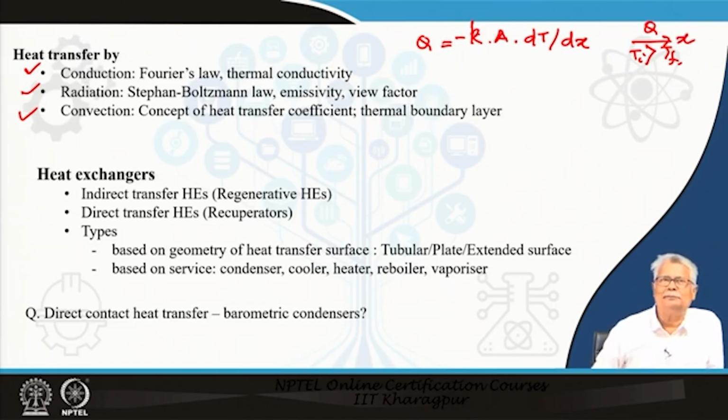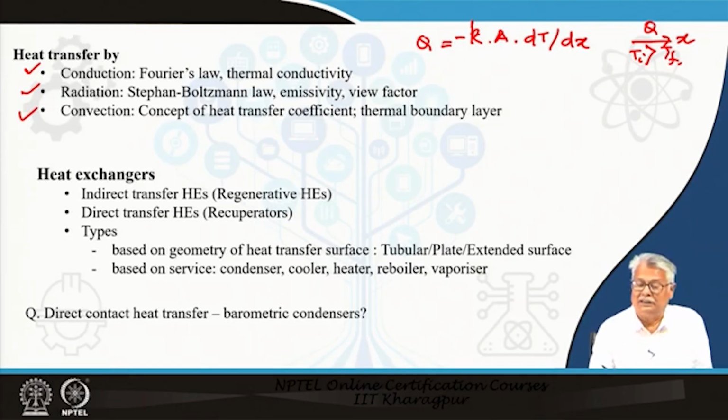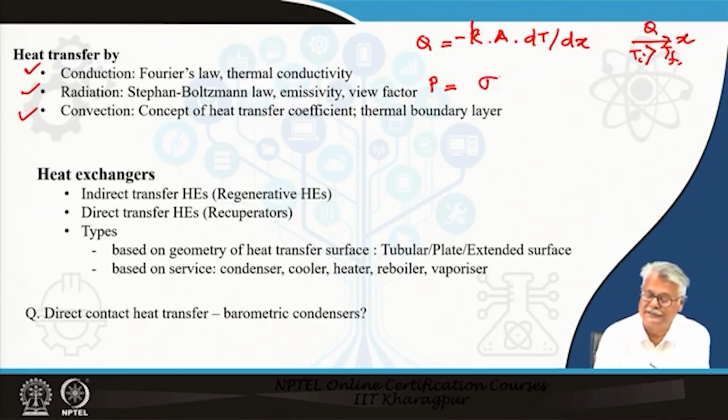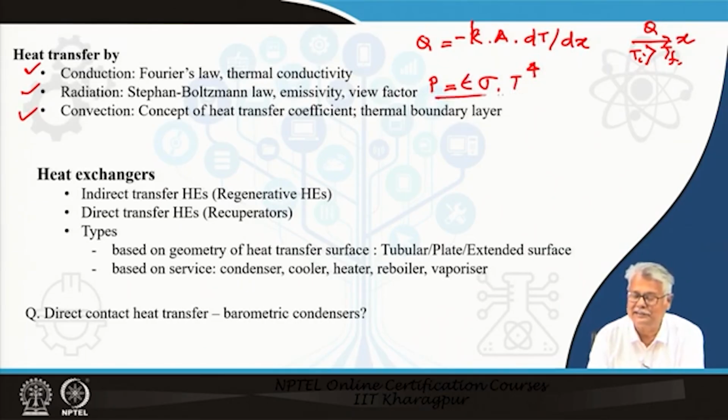In case of radiation, what happens? The radiation does not require any in-between medium for heat transfer. The governing law is the Stefan-Boltzmann law, which says the power emitted by radiation is proportional to a constant, the Stefan-Boltzmann constant, multiplied by T to the power 4. And if there is an emissivity of the surface, which is a surface characteristic, this is going to be the power emitted by radiation from a particular surface.